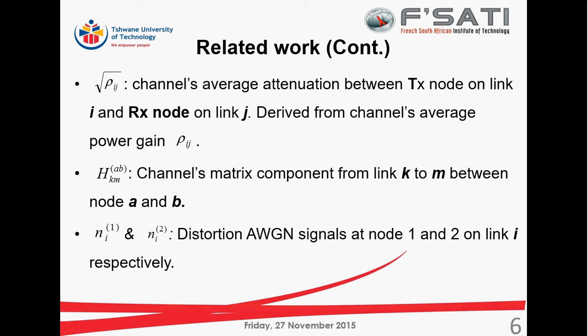Another very important modeling parameter is the channel's gain between link K and link M for a communicating node A sitting on link K and communicating to a node B sitting on link M. We also have Ni1 and Ni2 to denote the distortion in terms of the additive white Gaussian noise signals at node 1 and node 2 on link I, respectively.